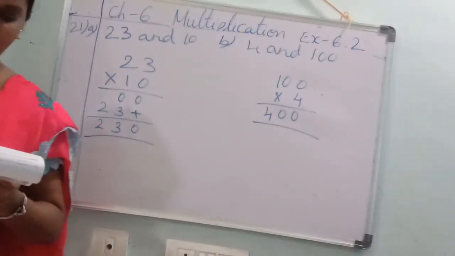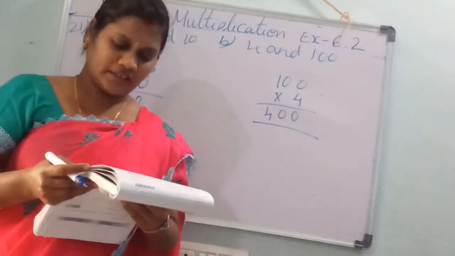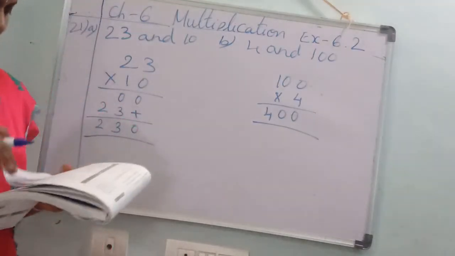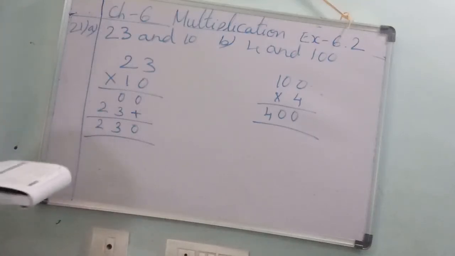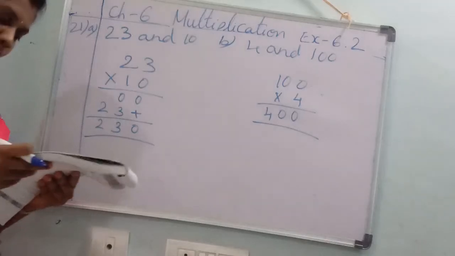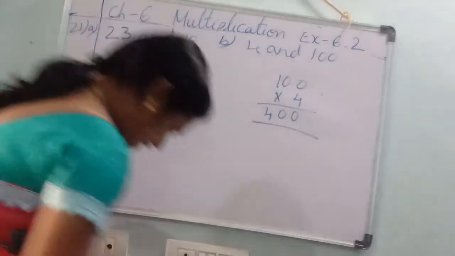Which two numbers are such that their difference is 2 and their product is 2 less than 50? See, long answer question. Which two numbers are such that their difference is 2 and their product is 2 less than 50?